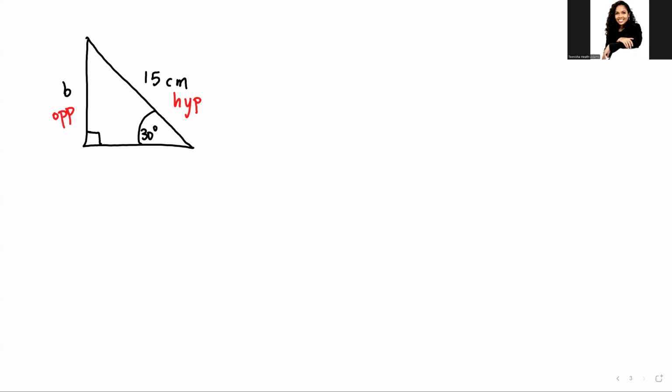So using trigs, which ratio uses hypotenuse and opposite? Which of the ratios, guys? You have SOHCAHTOA. So sine theta is equal to opposite over hypotenuse. I will substitute the values into the formula.